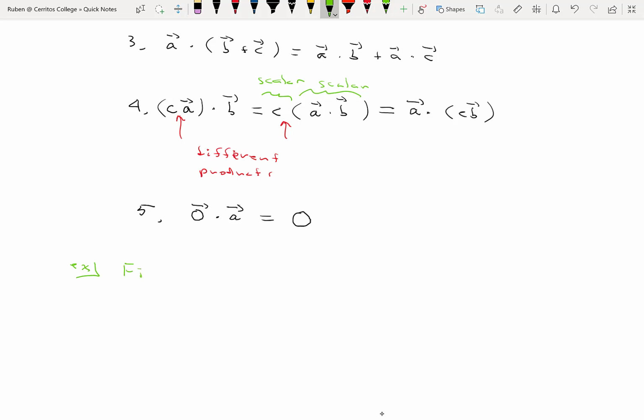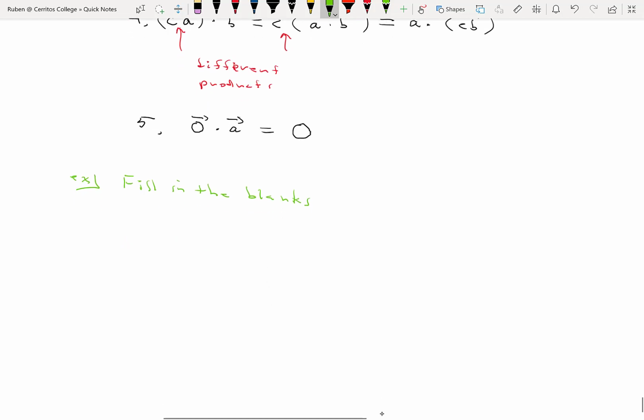Fill in the blanks. 0A equals what? 0 vector A equals what? 0 dot A equals what?